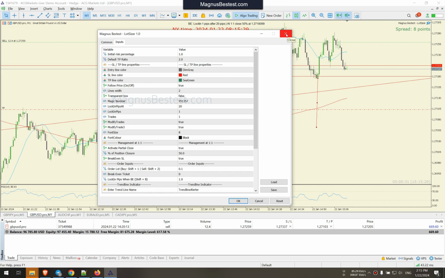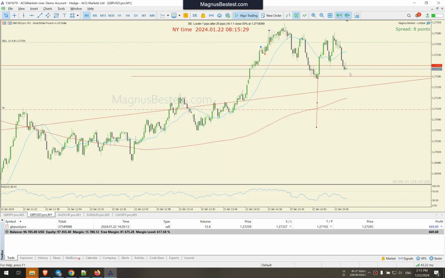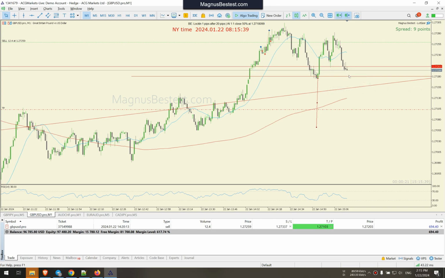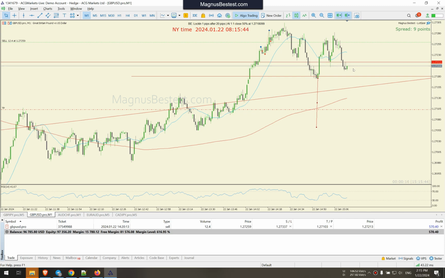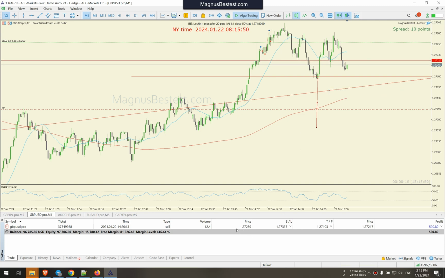Or of course I could have just clicked the button Shift O and I would have automatically 50% closed. And if I click Shift P, all orders would be closed. So we have just one for now. We are in just one trade, so that trade would be closed.